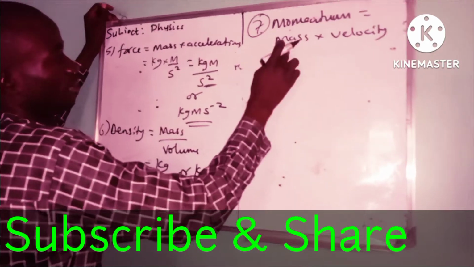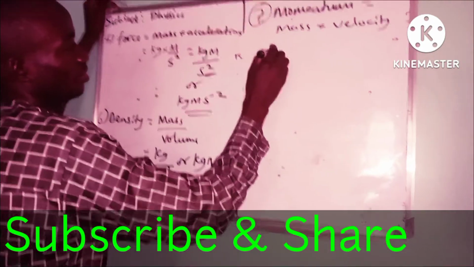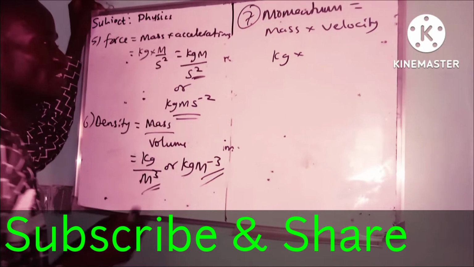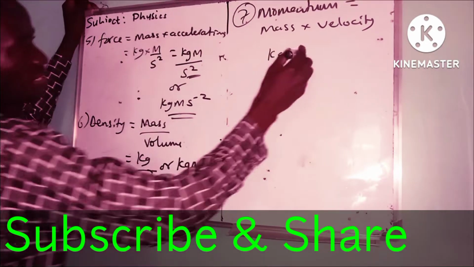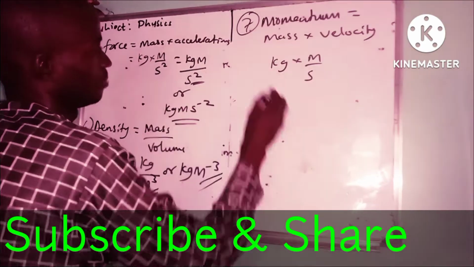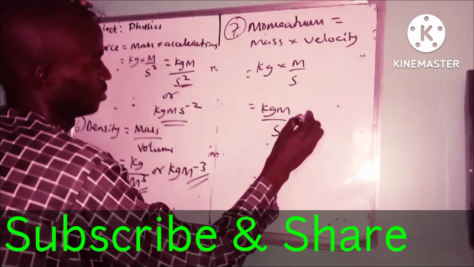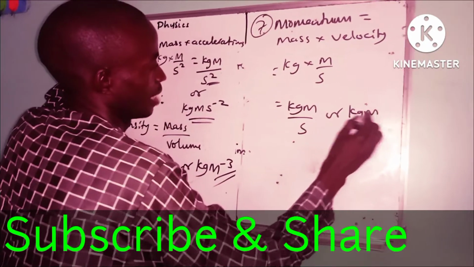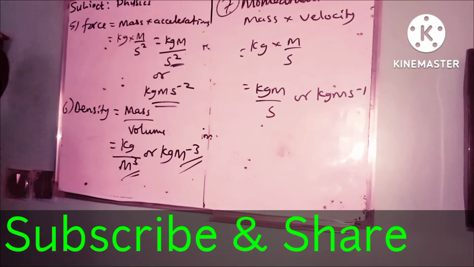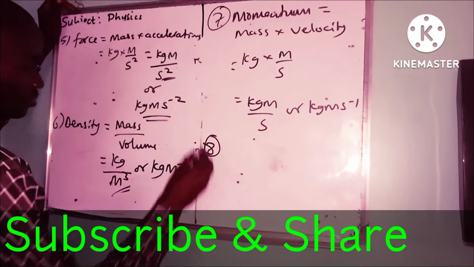What is the fundamental unit of mass? Because mass is a fundamental quantity, of course, we know it's kilogram, times velocity, which is a derived quantity expressed as meter upon s. This is the same thing as kilogram meter over s, or kilogram meter times s to the power of minus 1.